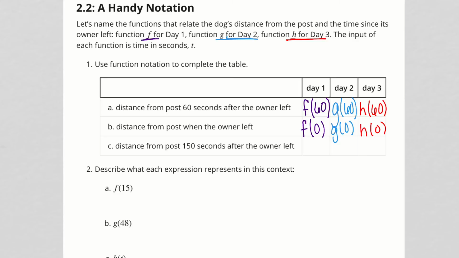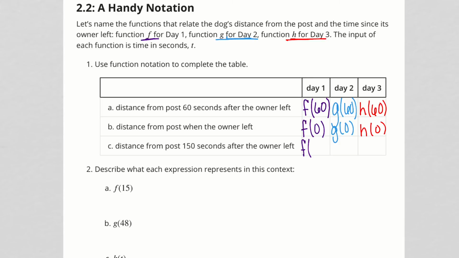Okay. What about C? We have the distance from the post 150 seconds after the owner left. F of 4.5. Why 4.5? Because that was the feed. Oh wait, hold on. What are we plugging in? What are we putting in our parentheses?